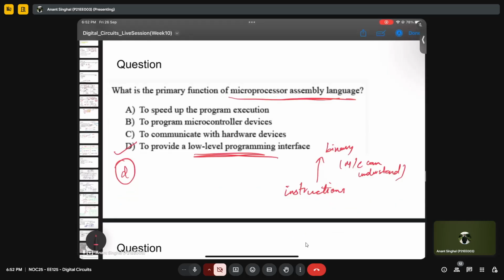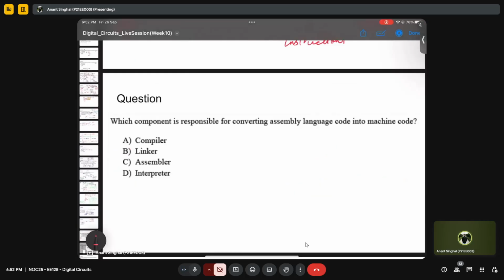So let's move ahead. Now it says, which component is responsible for converting assembly language code into machine code? I think I've already told you, but write your answers in the chat box quickly.